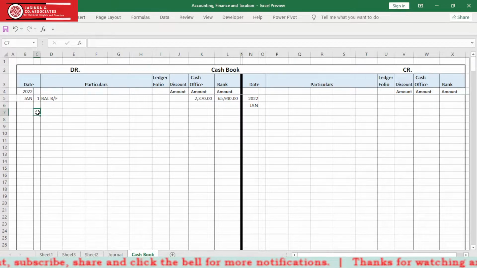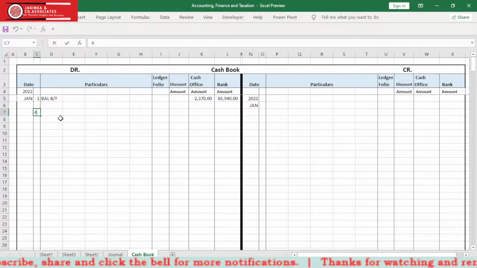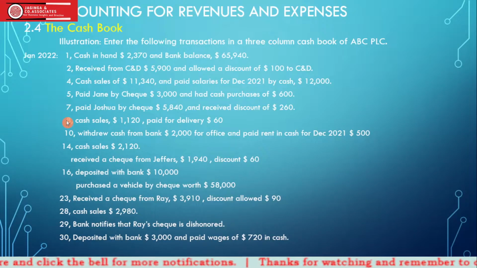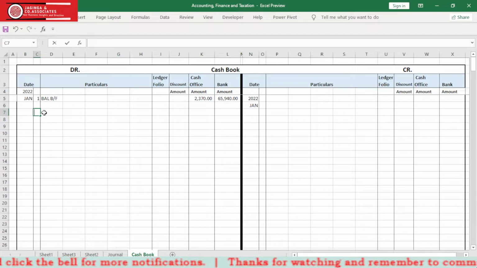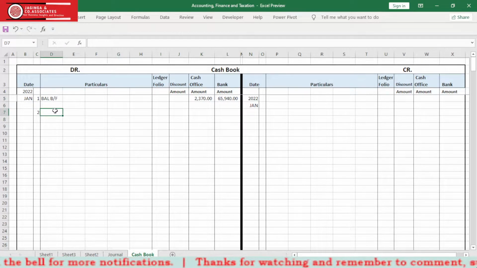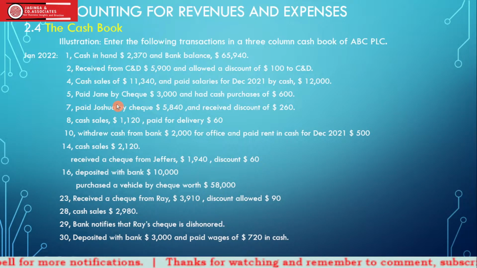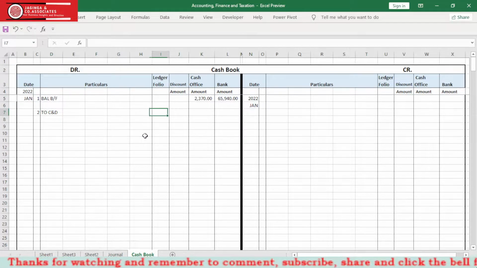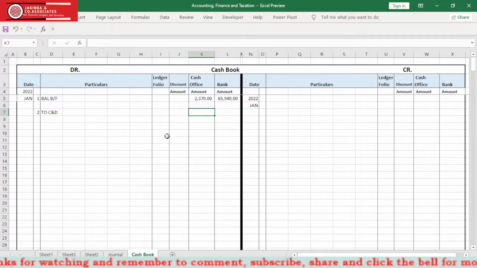So here we are saying on 4th, I think it should be on 2nd. Yes, on 2nd. So we are saying here to C and D received cash worth 5,900.